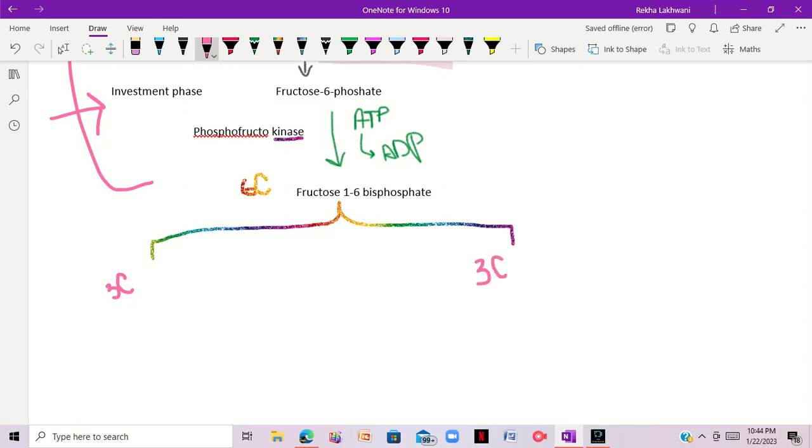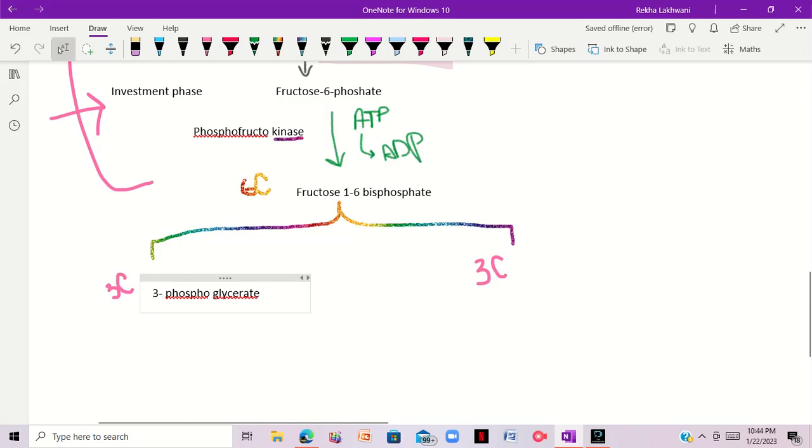So basically now here is a compound known as 3-phosphoglycerate. Now this fructose 1,6 bisphosphate is bifurcated into two compounds.